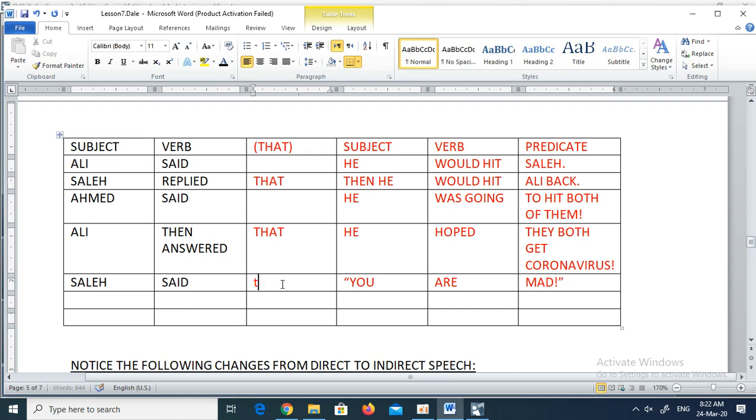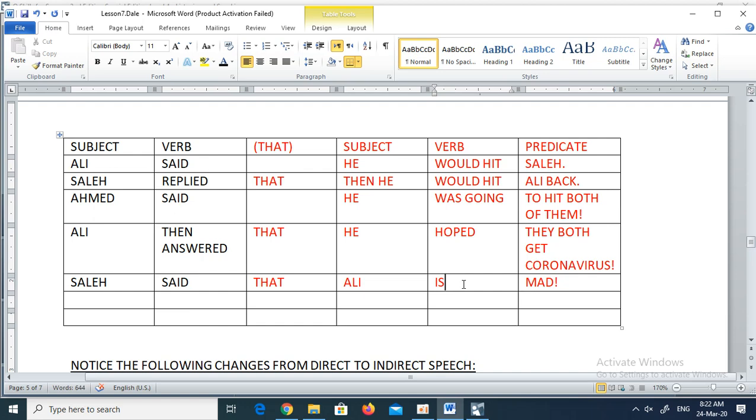So Sali said it is no longer direct speech. So those two inverted commas fall away. And it's no longer "you" because Sali is no longer here speaking. It is Ali, because Ali is the person Sali was speaking to. Sali said Ali is mad.